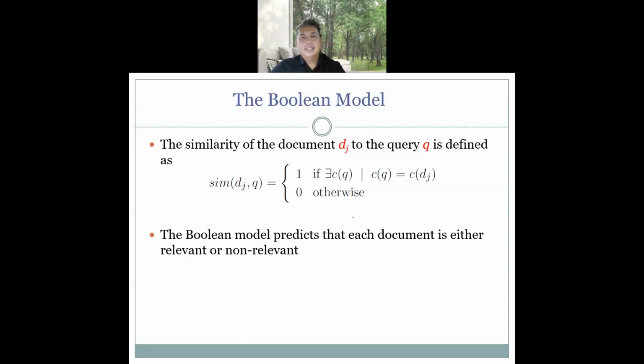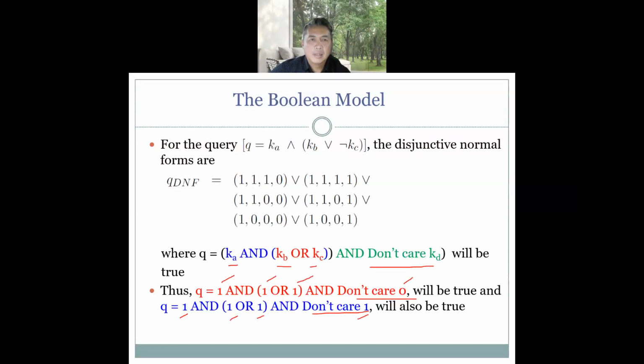So the similarity of the document dj to the query is defined as follows. If, for example, the document matches one of these, for example, document one consists of keyword A and keyword D. So the pattern for this one is 1001, right?